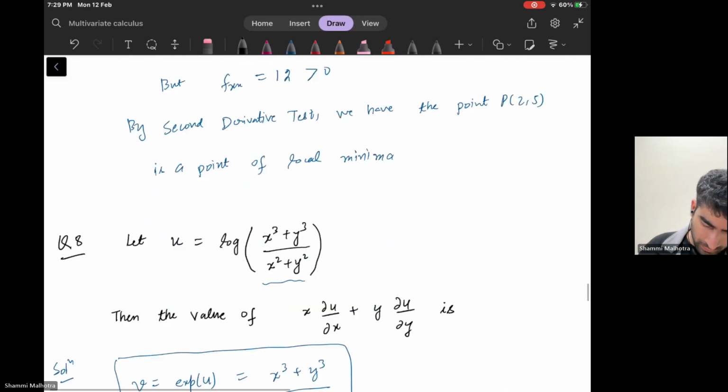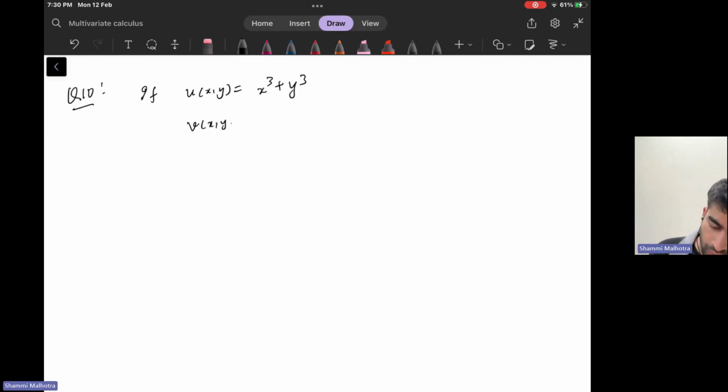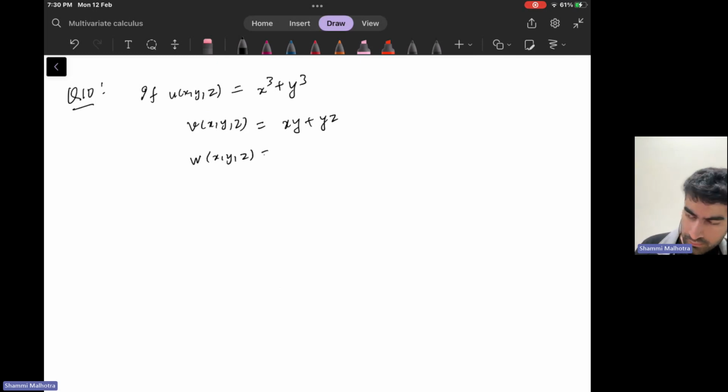Question number 9. So if my function u is given as x cube plus y cube, v is given as xy plus yz, and w is given as z minus x minus y, where u, v, w are functions of x, y, and z.